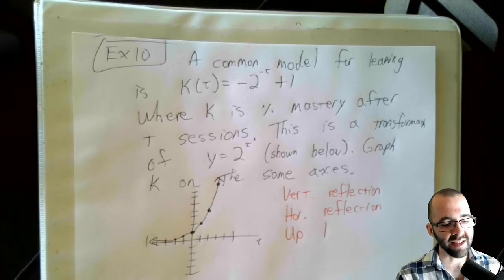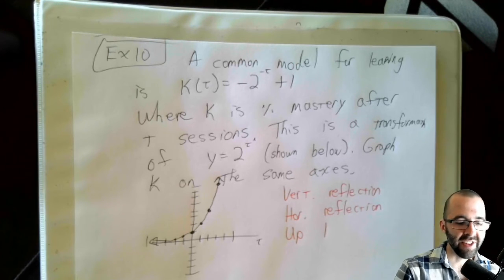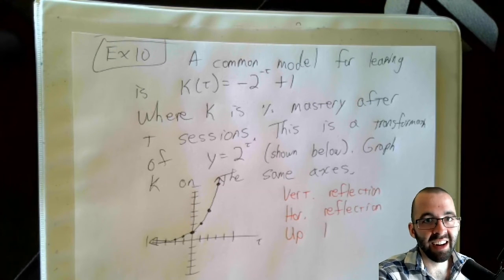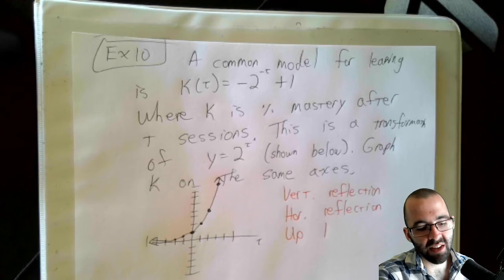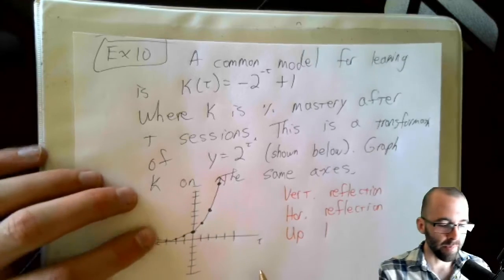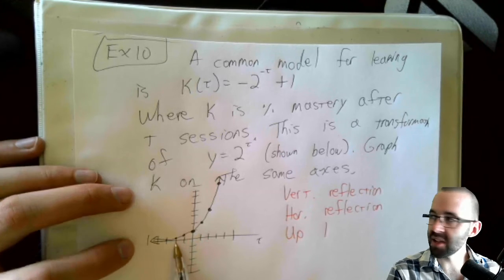So we have to do this to all of these points. And this is where you have to be pretty careful. All right? It's a little tedious, but it's not too bad. Just be careful. So, let's start with this point. This is the point -2, 1/4. A vertical reflection flips it upside down.